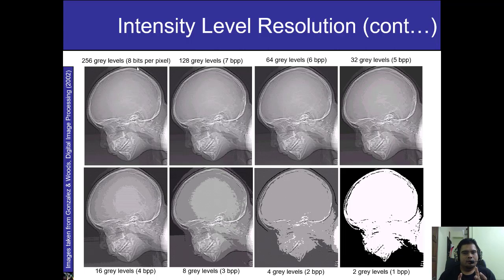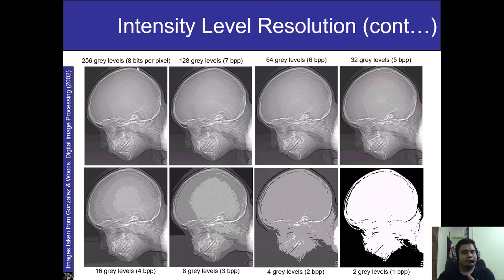A radiologist might make a different decision because of a single pixel's change. If the intensity changes a little bit, the radiologist might decide differently on whether the patient is diagnosed with something or not. So a lot of information is better for them to see, and 16 bits per pixel is appropriate for CT scans.